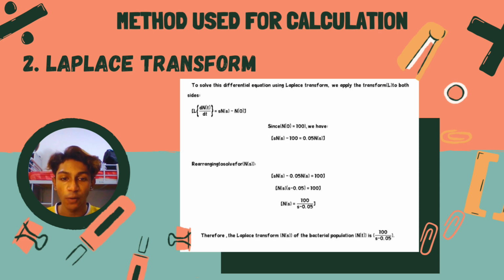Therefore, the Laplace transform N(s) of the bacterial population N(t) is 100 over s minus 0.05.